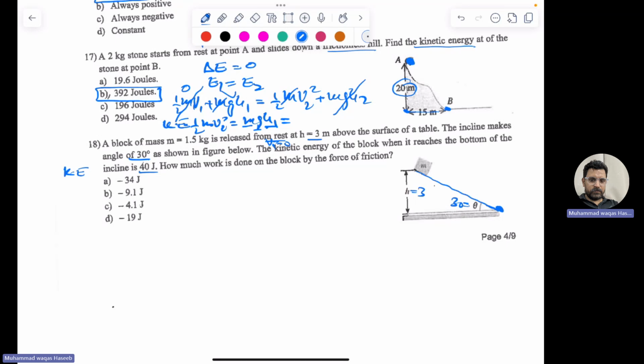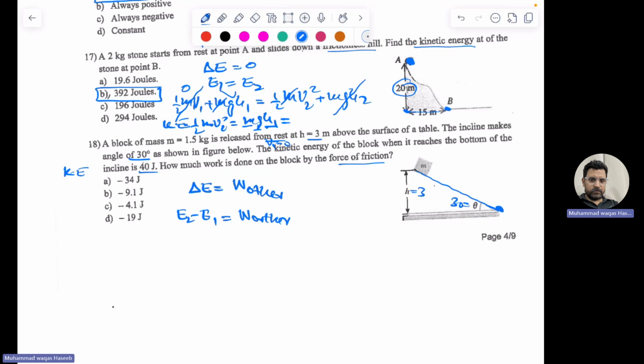You can do this by, if the external force is there, then the energy is not conserved, then the change in energy is equal to the work other, which is E2 minus E1 equals work other. And this work is done by the friction.